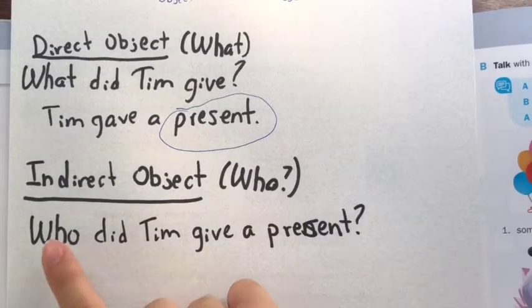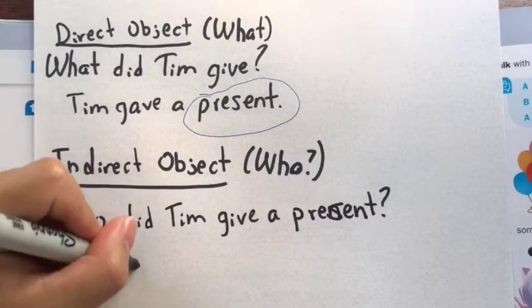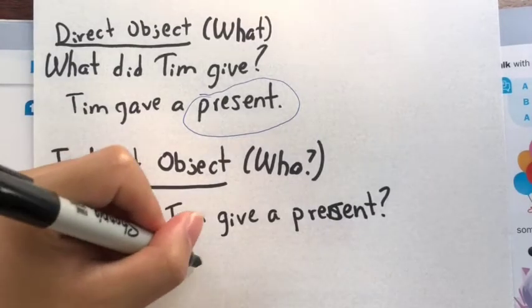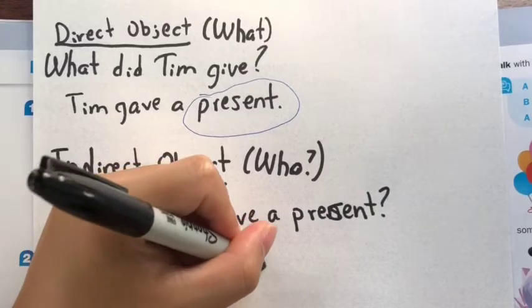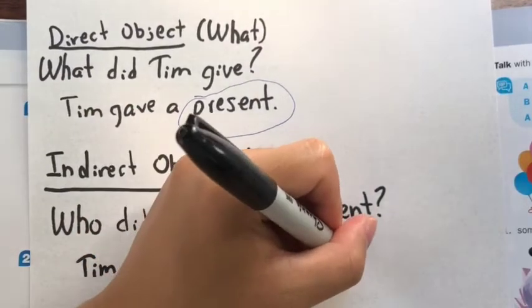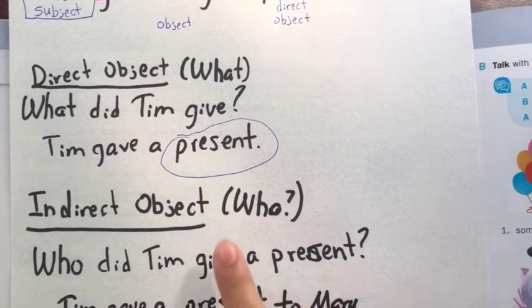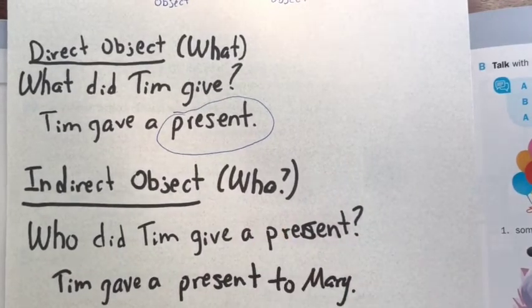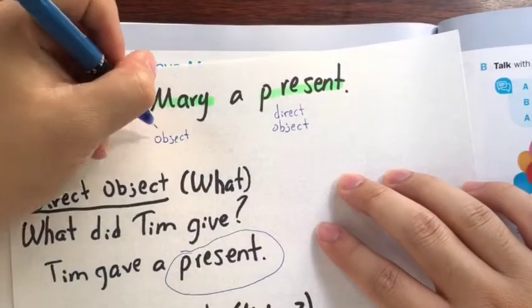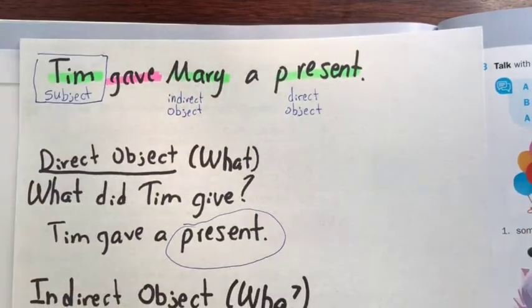We want to know who. Tim gave a present to Mary. Mary. Mary is the who. Mary is the person. So Mary is the indirect object.